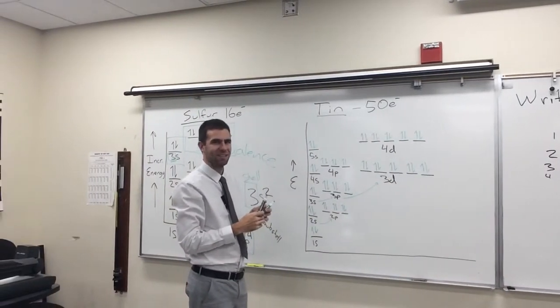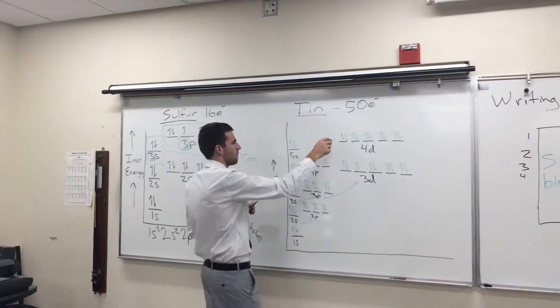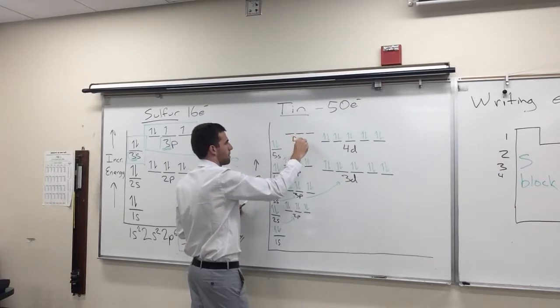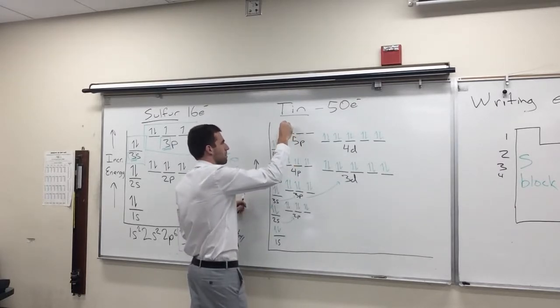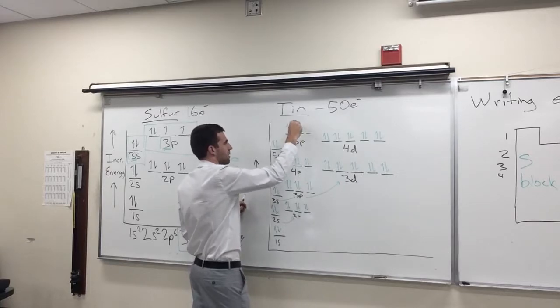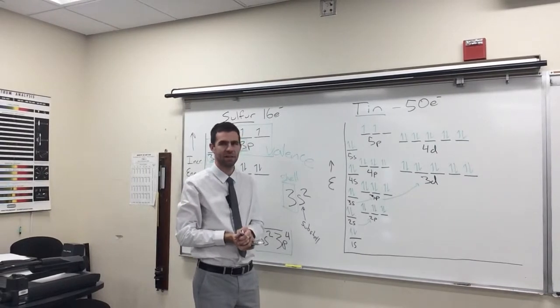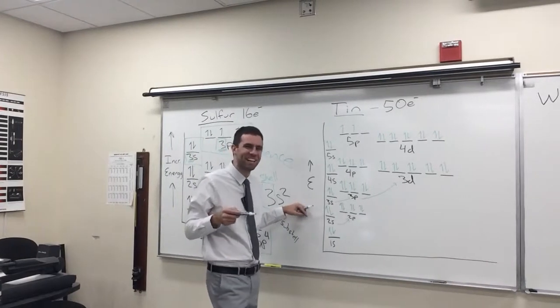All right, now what? 5p. Is that it? Like 2 electrons in that one? You guys see that? Now, what? How many electrons are there here? 48. Should be 50. Don't mess with me. All right, there's 50 electrons here, right?